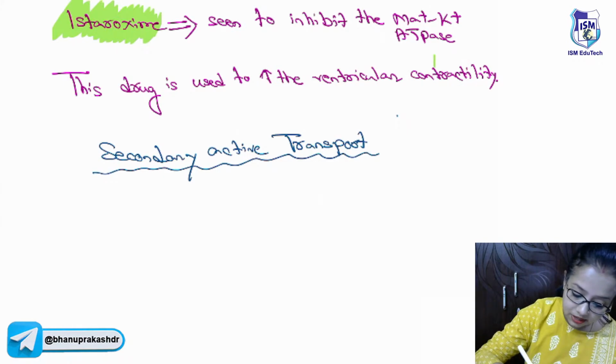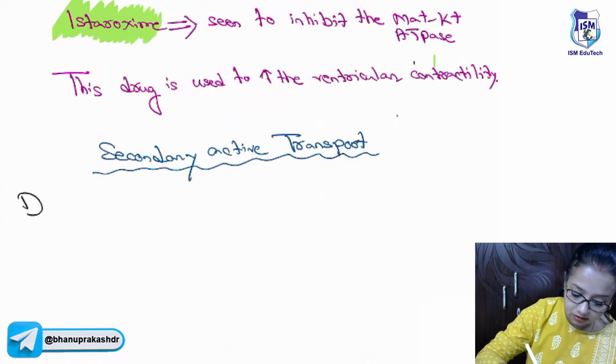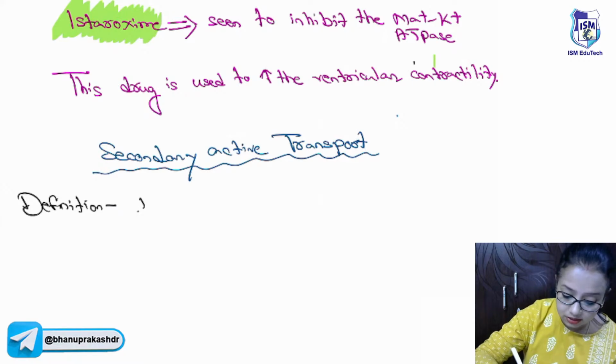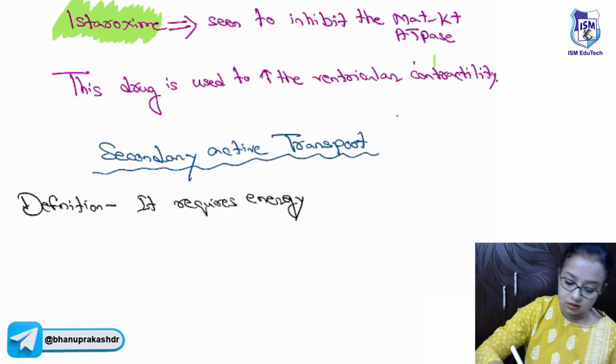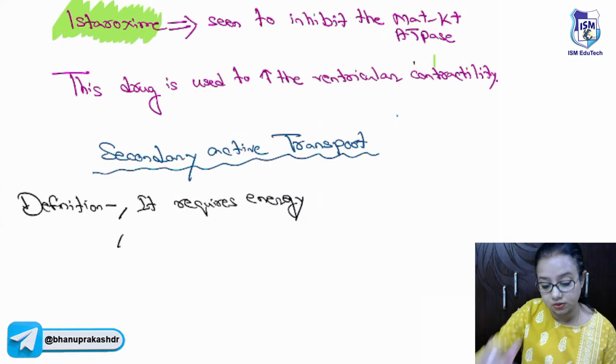So, by definition, yes, it is an active transport. It obviously requires energy. True, it requires energy. Then how is it different from the primary active transport?